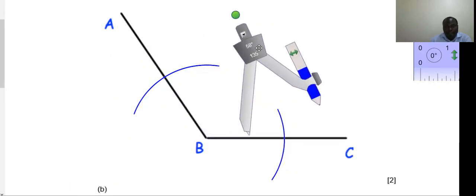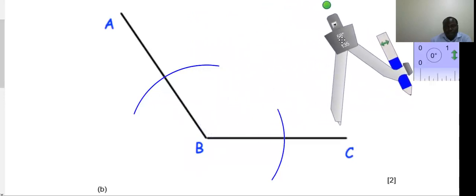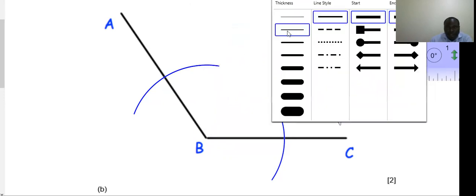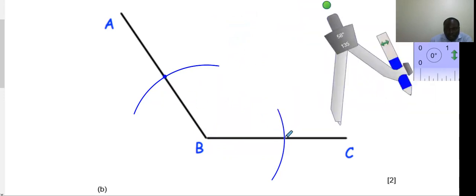Then take out your pair of compasses and put a mark somewhere here, where you have cut these lines.